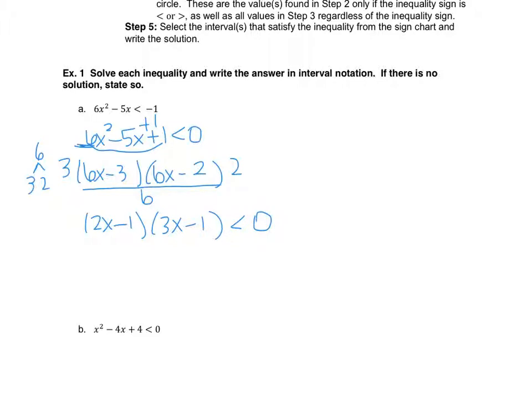So if I were to take each of these terms and set them equal to 0 and solve, I get x equals 1/2 for that term and x equals 1/3 for that term. So what I'm going to do now is set up test intervals.